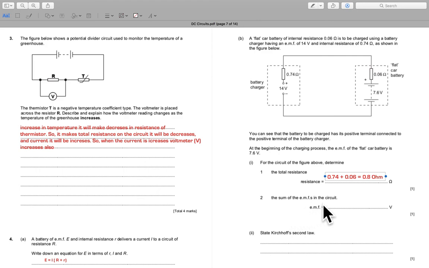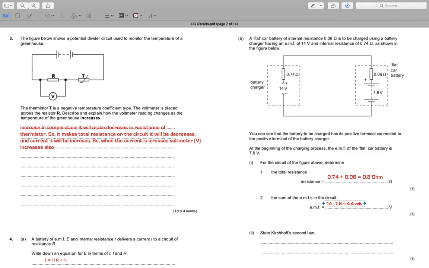The EMF is 14 minus 7.6 volt, so we can say 4.4 volt.